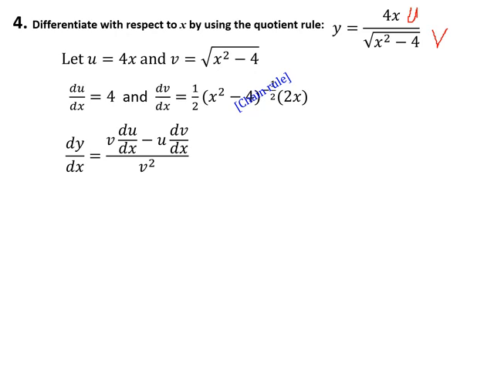Then the next step is simply substitution, where we have v, we put square root of x squared minus 4, where we have du over dx, we put 4. Where we have u, we put 4x, and where we have dv over dx, we put this. Right. Then v squared means we are just going to take this one and we square it.